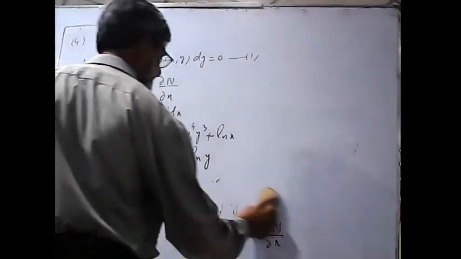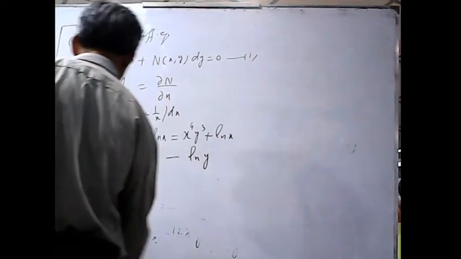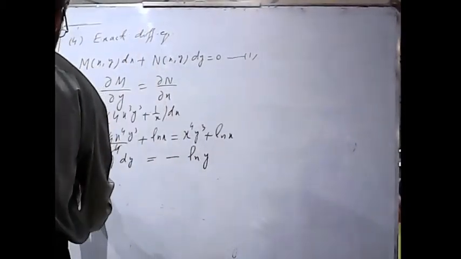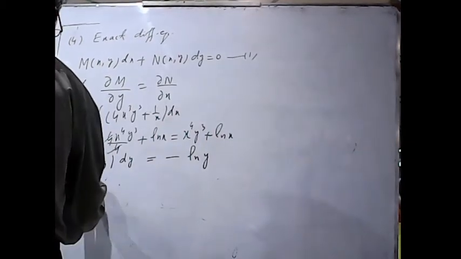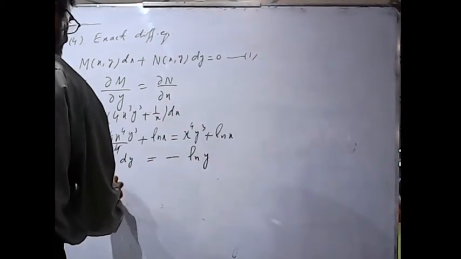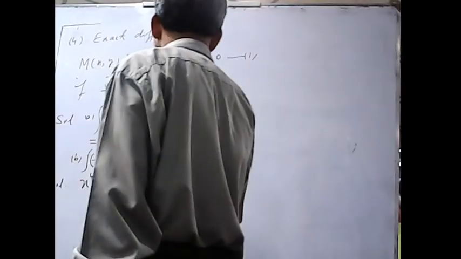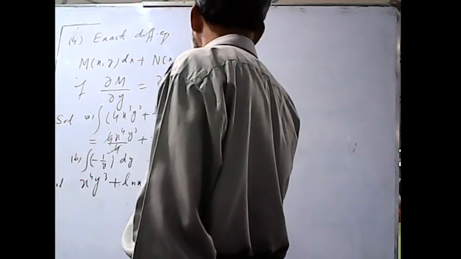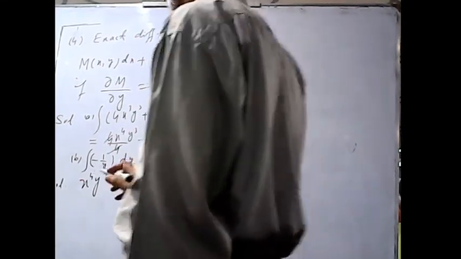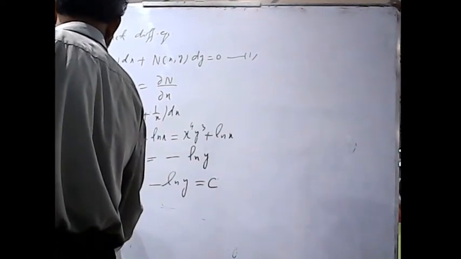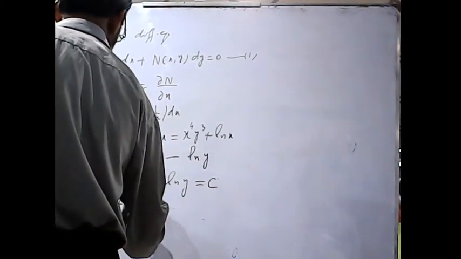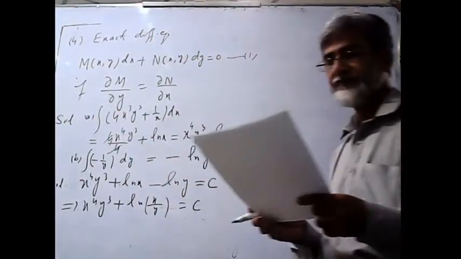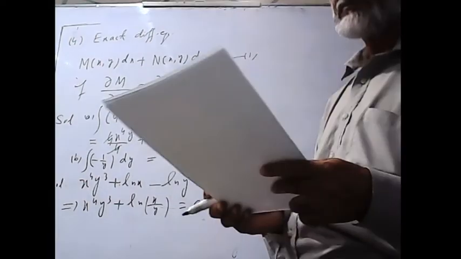Final result: x⁴ y cubed log x minus log y is equal to c, or by using the property of logarithm, log x upon y is equal to c is our final solution.